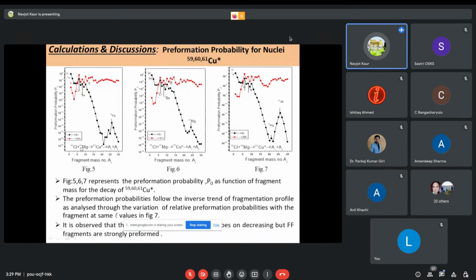So figures 5, 6, 7 represent the preformation probability as a function of fragment mass for the decay of 59, 60, 61 copper. Actually, the preformation probability follows the inverse trend of the fragmentation profile, as analyzed through the variation of the relative preformation probability with the fragment at L values.